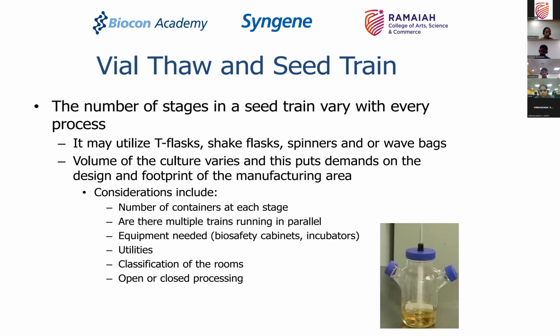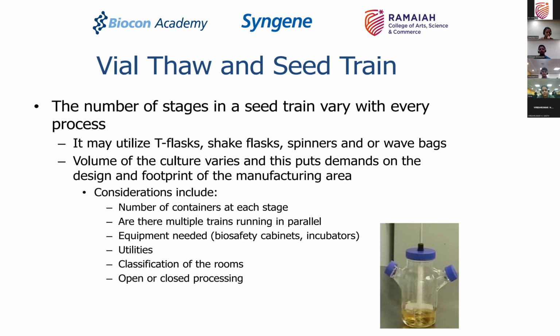Okay, now the number of stages in a seed train varies. It is possible that you could directly go from a wave bag or the single stage into the direct n-1 stage. Sometimes you need two stages, sometimes you need three stages. So this will vary with every molecule and product that you are trying to produce.